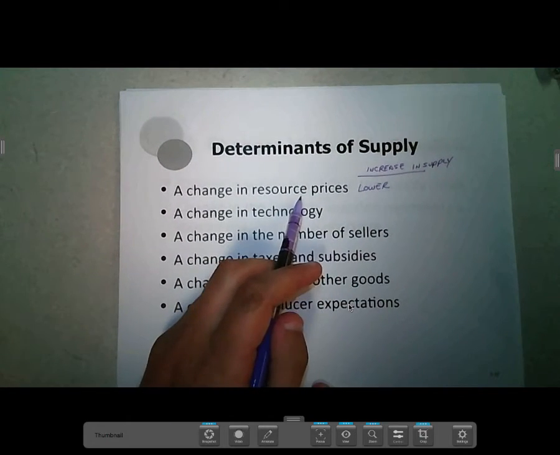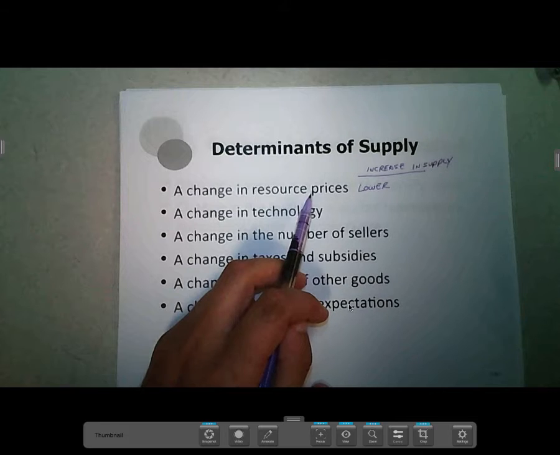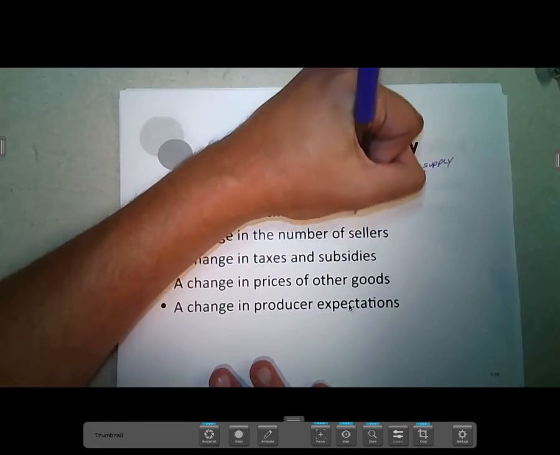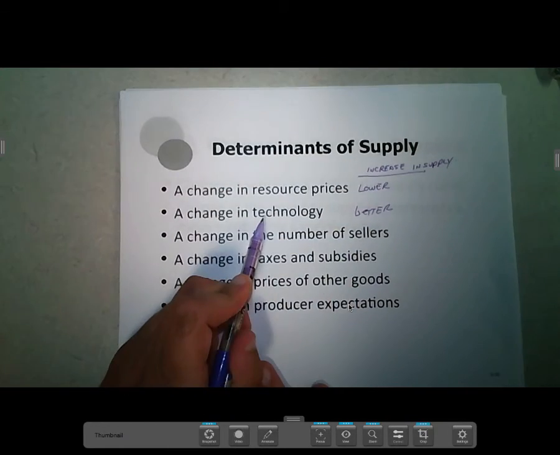If I lower the resource prices, that makes it cheaper for firms to get what they need. Like, for instance, if I'm running a gas station and it's cheaper for me to buy oil, then I can make more gas and sell more gas, right, at each and every price, which would mean that's going to be my increase in supply. If technology gets better, as it often does, that means that firms are going to be able to supply more of the products.